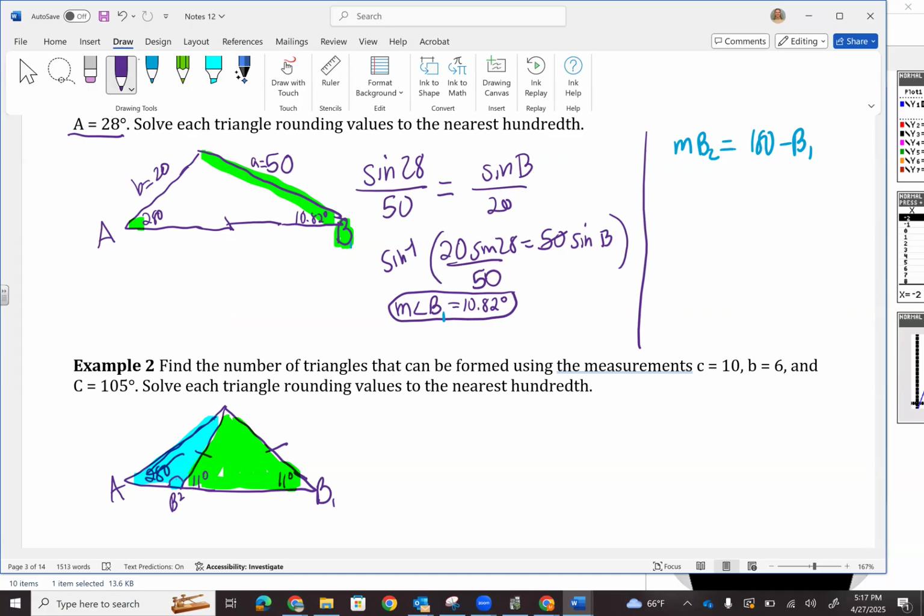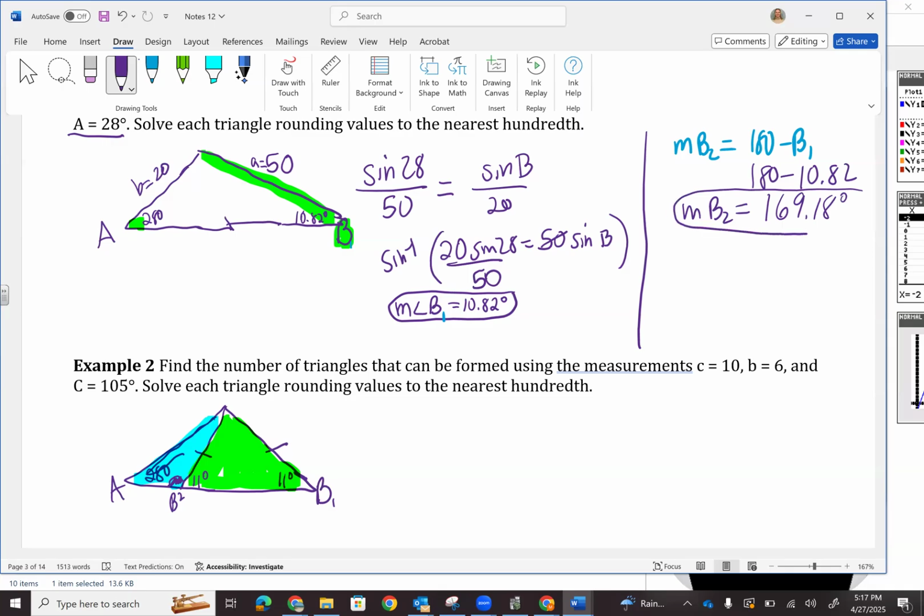And so to find this angle right here, you would do 180 minus B1, or 180 minus 10.82. And so the measure of angle B2 is equal to, get my calculator out, 180 minus 10.82 gives us 169.18. And you're like, great, I got an answer.